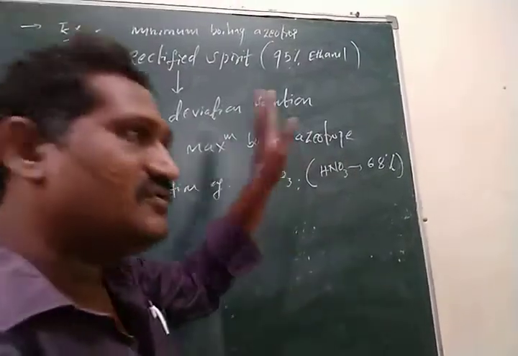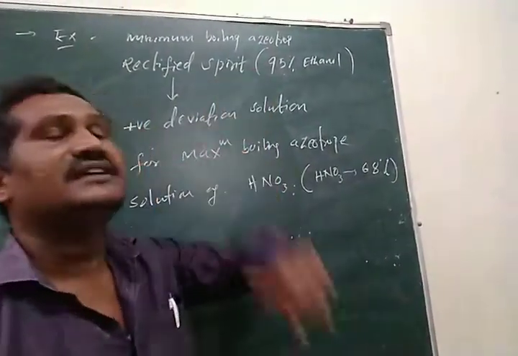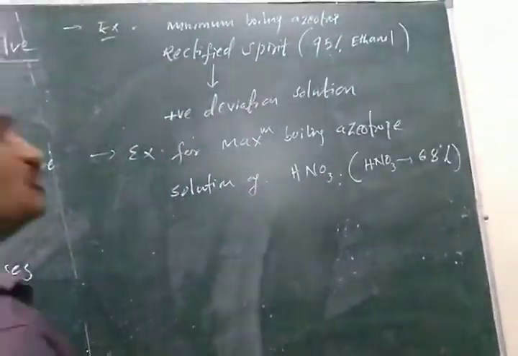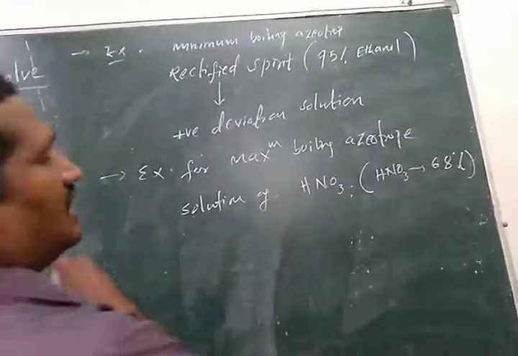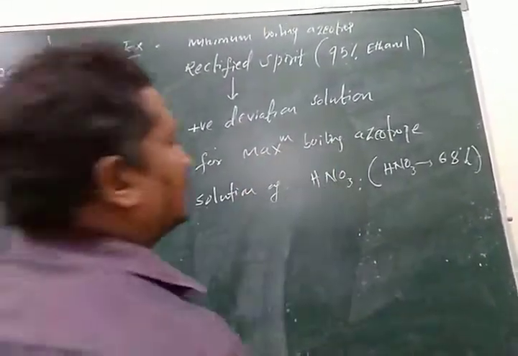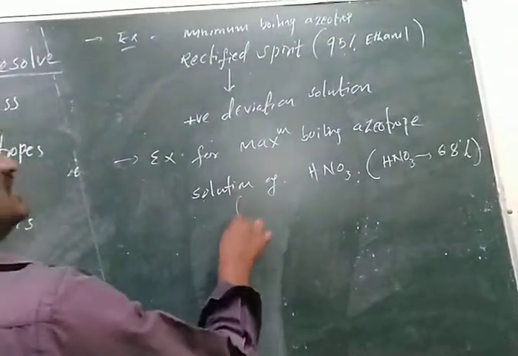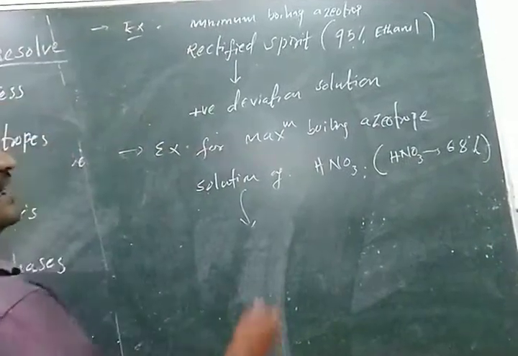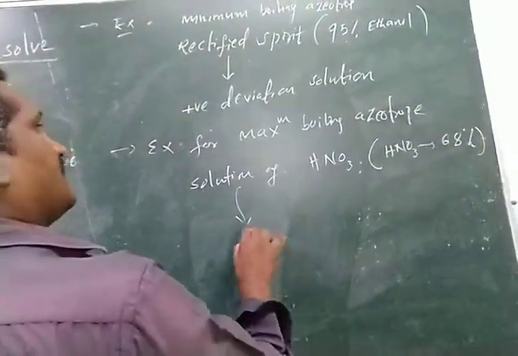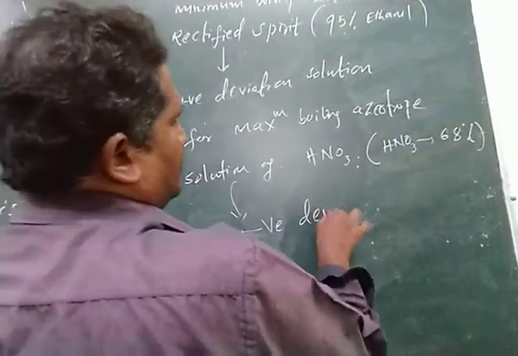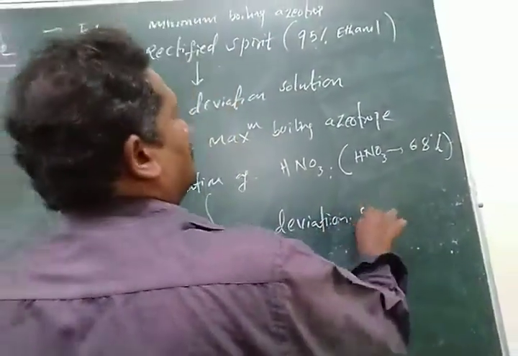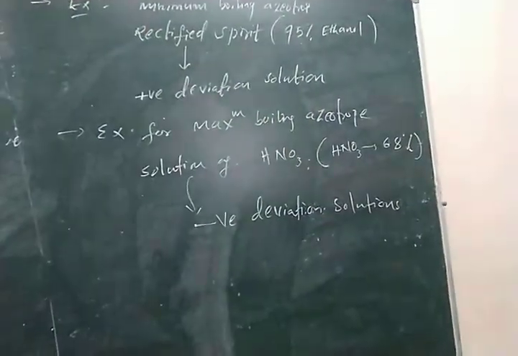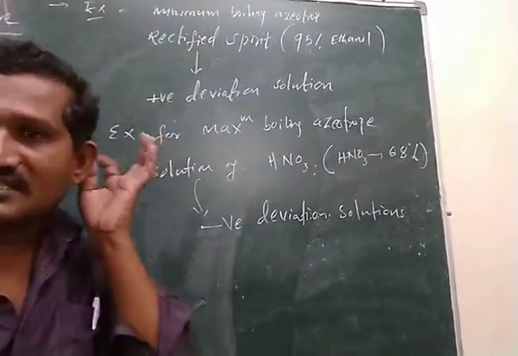Its composition is fixed in the liquid state as well as in the gaseous state at a particular temperature. So this is an example for a maximum boiling azeotrope. Generally the maximum boiling azeotropes are solutions with negative deviation compared to Raoult's law. These are the azeotropes.